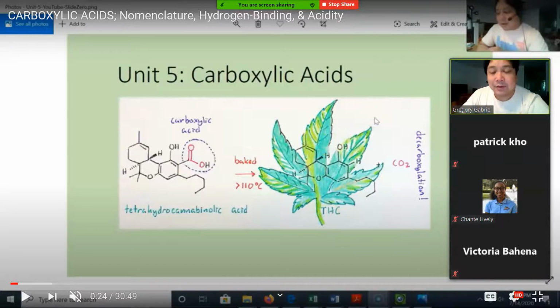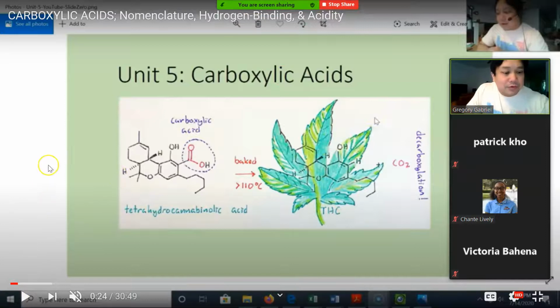Decarb in this case is removing carbon dioxide, and this is actually THC, I guess you could say the active form of THCA. The decarboxylation reaction and the mechanism will be talked about in the last video, so probably video number 3 or 4 of Unit 5, but I just wanted to introduce that because I didn't get a chance to do that on the first video.